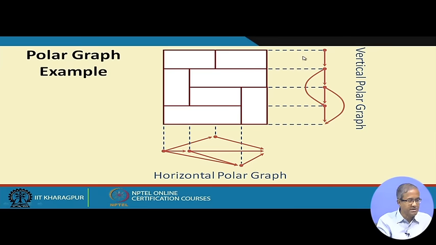Similarly, in this direction, this and this, the whole line is there. So, this will be the weight, the whole width. So, you can check that if you are given these 2 graphs, from these 2 graphs you can reconstruct this floor plan. So, this is also one way to construct the polar graph.